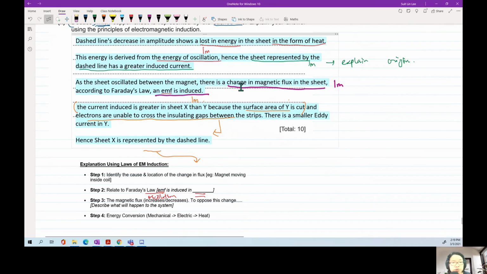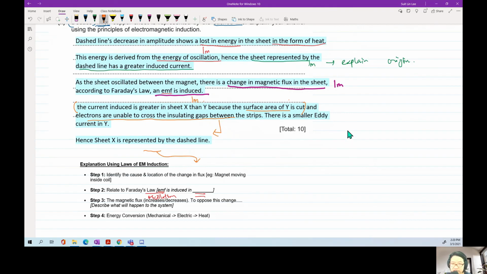Okay, so the current induced is greater in X than Y because the surface area of Y is cut, or the surface area of X is uncut. And the electrons are unable to cross the insulating gaps between the strips. If the mark scheme is lenient, just mentioning the current induced is greater in sheet X is good enough because it's all about rate of change in flux.